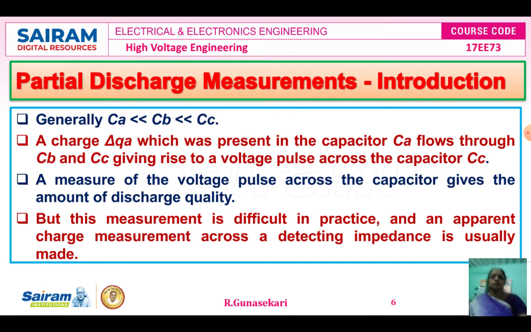The voltage measurement of pulses across the capacitor gives the amount of the discharge quantity. But this type of measurement in practice is very difficult because an apparent charge measurement across a detecting impedance is usually made.